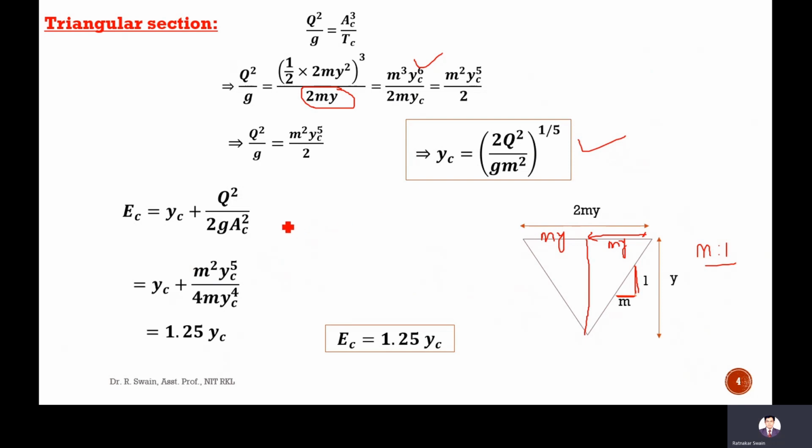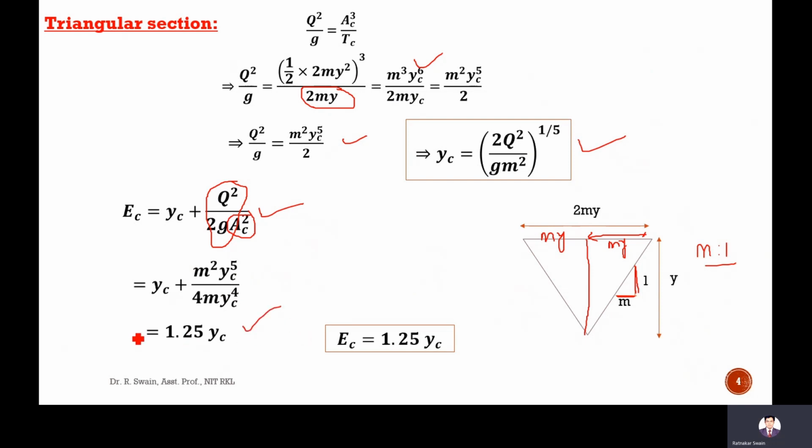The minimum specific energy at this critical flow will be Yc plus Q²/(2g A²). So if you put this Q²/g as m² Yc⁵/2, and this expression for A, that is half into 2my², okay, you will get 1.25 Yc.